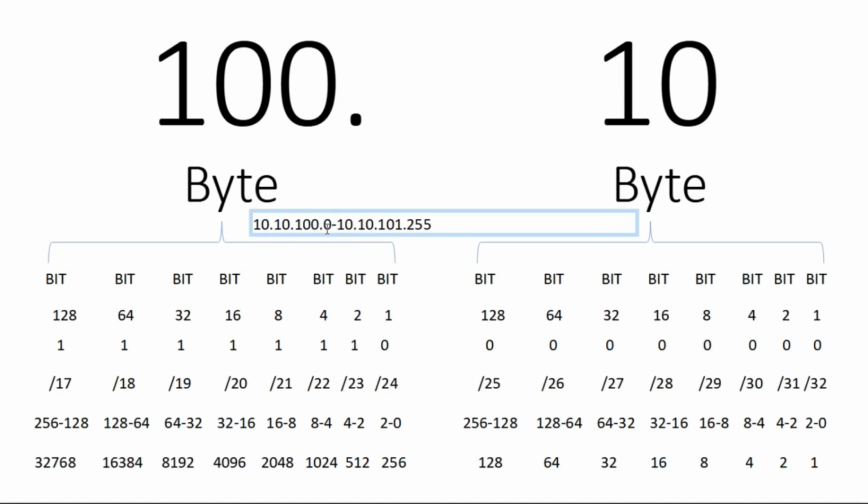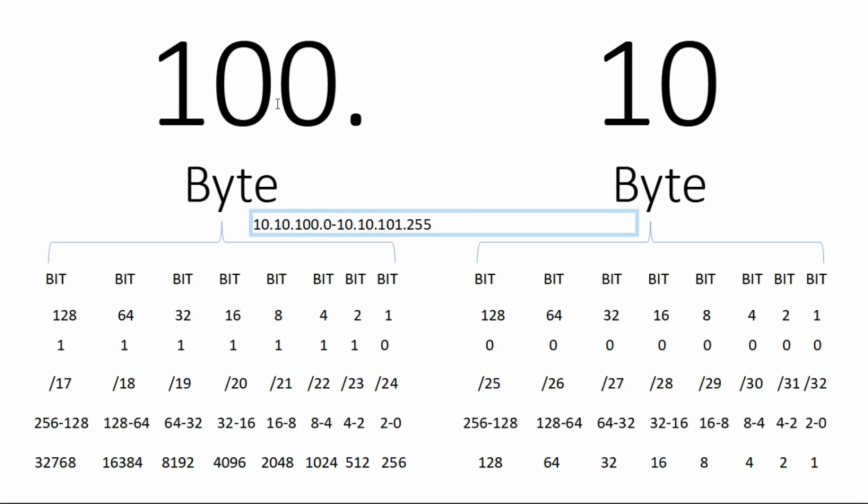So we have 10.10.100.0 until 10.10.101.55, right? Normally we have to subtract this one, .0 and 55, 55 for the broadcast and .0 for the network IP address, but I'm including them as well. So this is the range of IP addresses that we would have in this case.